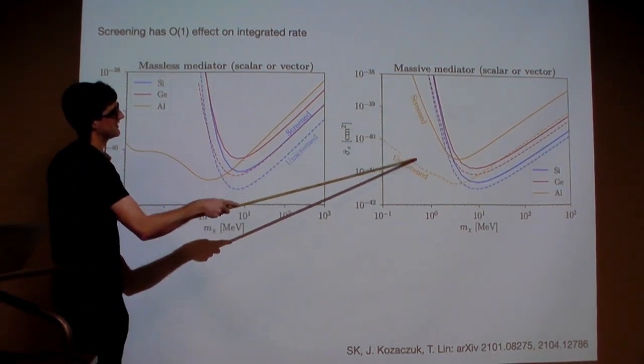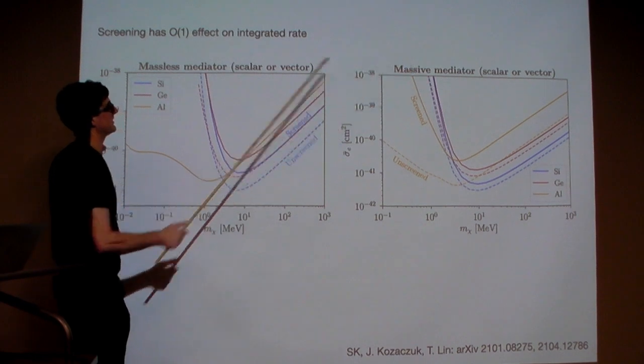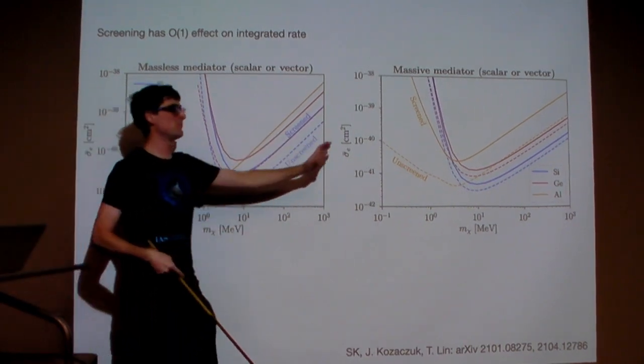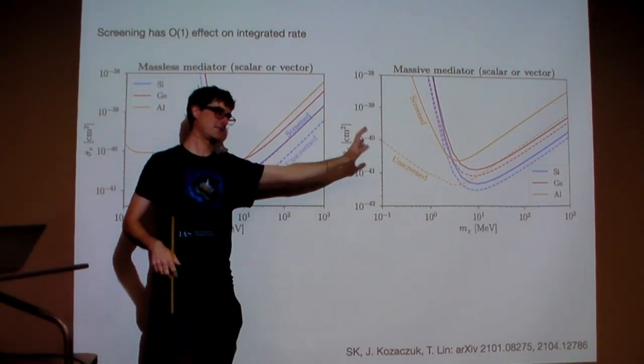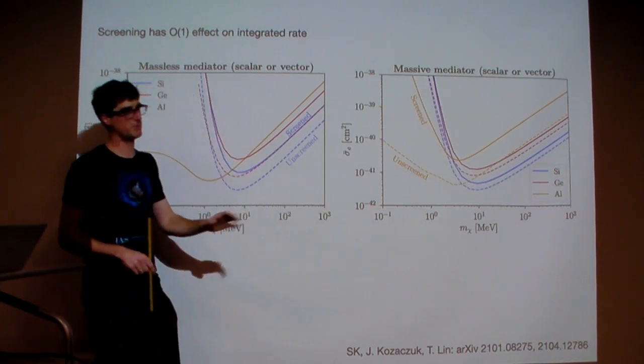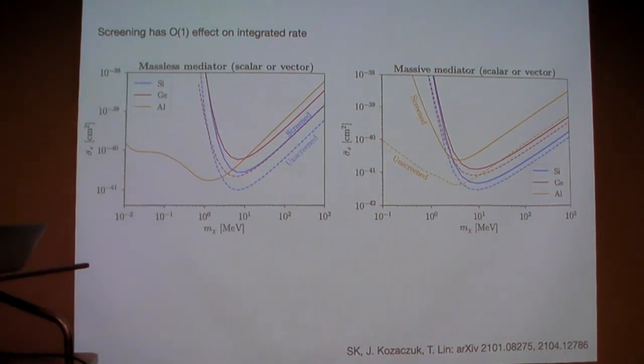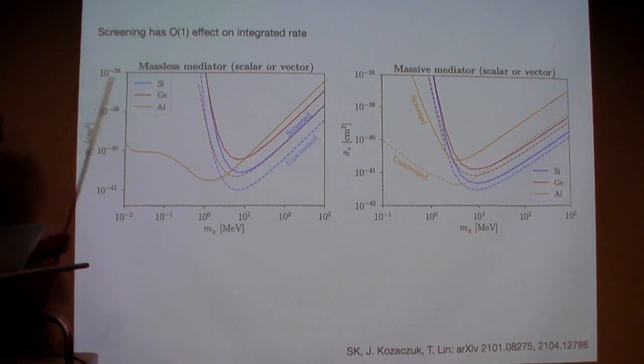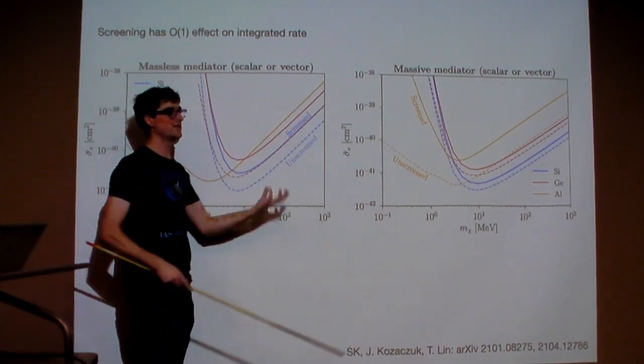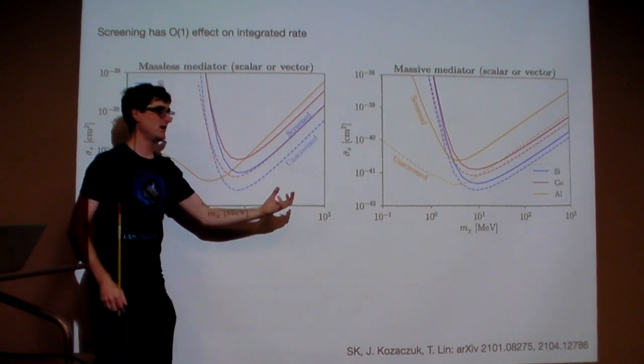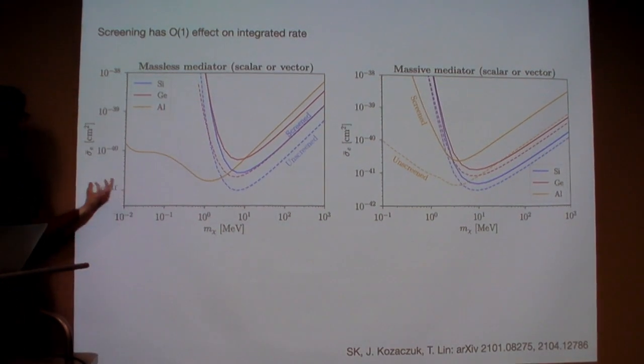It's not quite as bad because it's a massive mediator rather than a massless mediator. So there's some momentum dependence in the rate that's baked in here, which I didn't fully explain. Does the mass matter? It just means that the mass of the mediator is large compared to the typical momentum transfer, and here it's small compared to the typical momentum transfer.